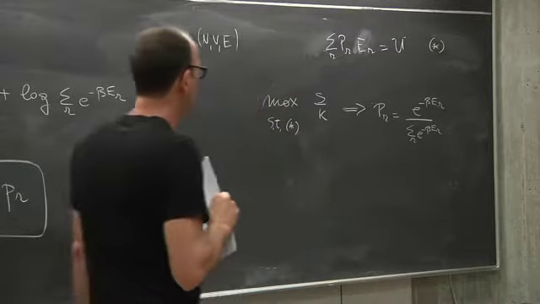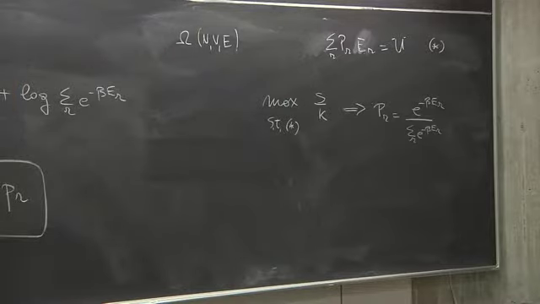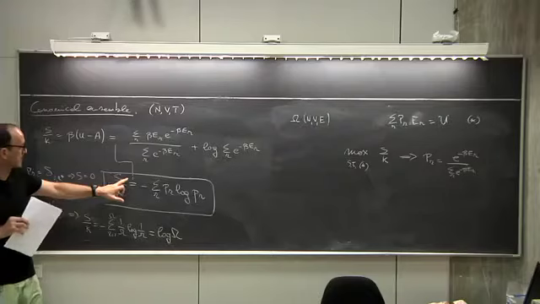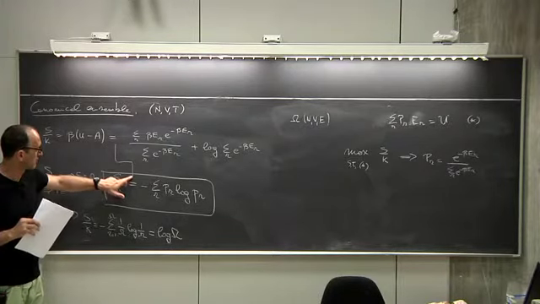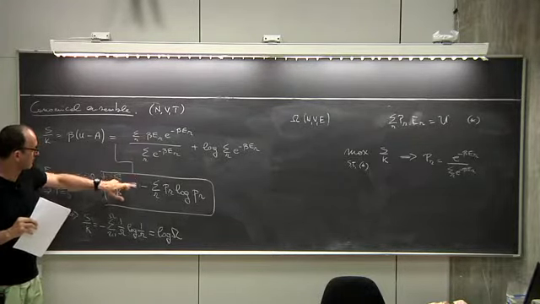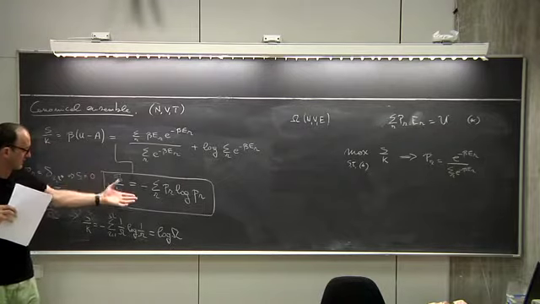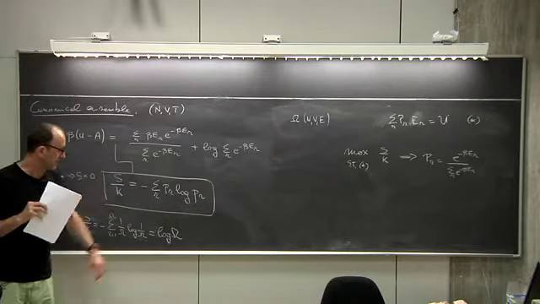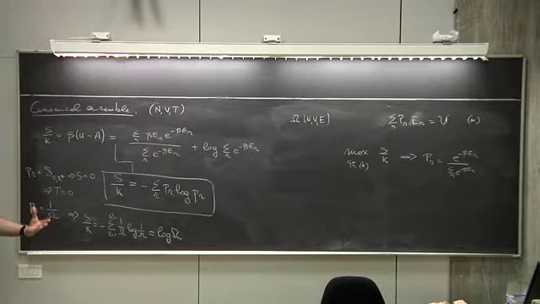So this is just to tell you that this is a very important formula which is worth for you to remember and gives you quite in general what is the relation between the entropy and the probability distribution.